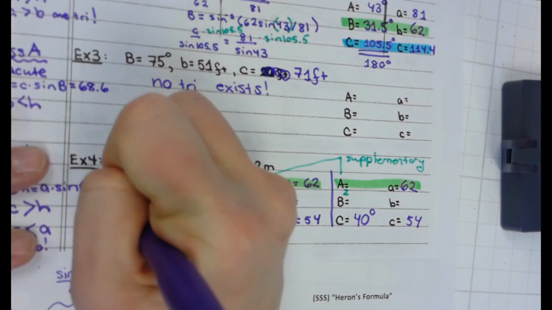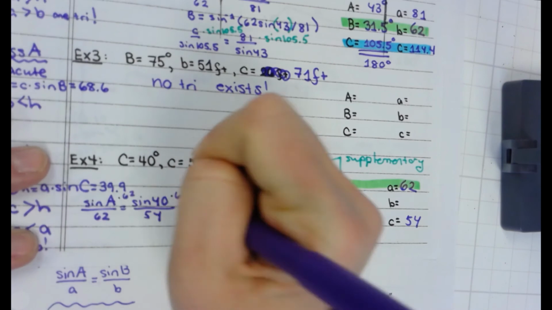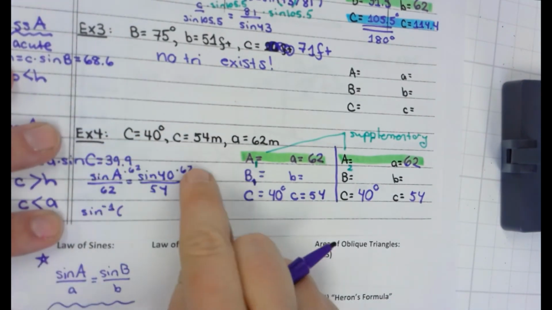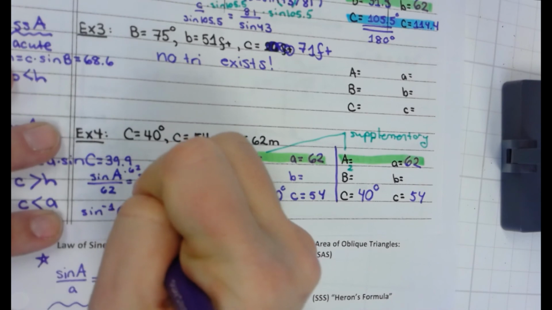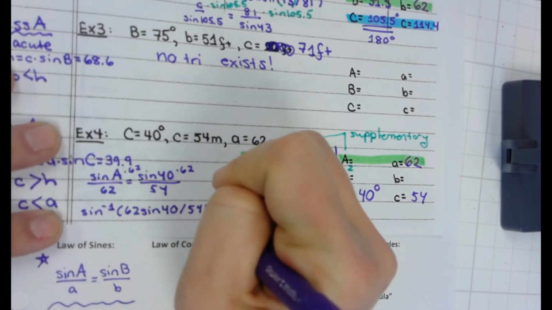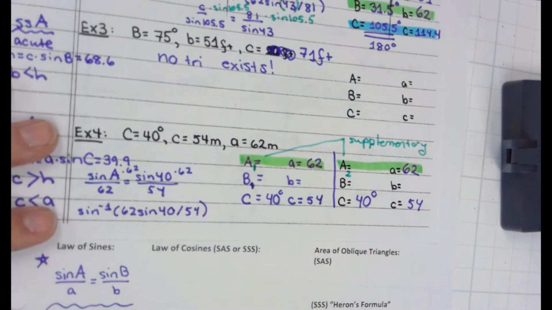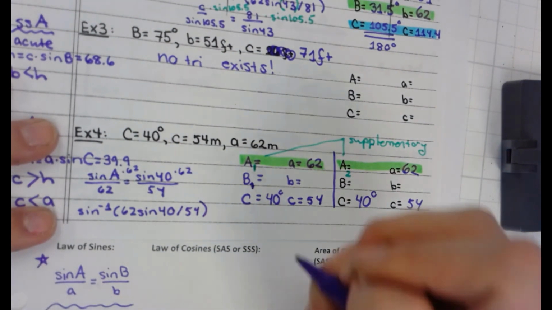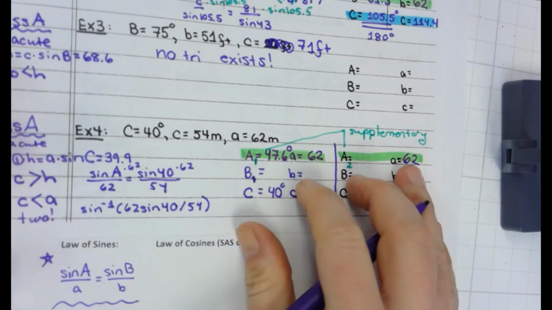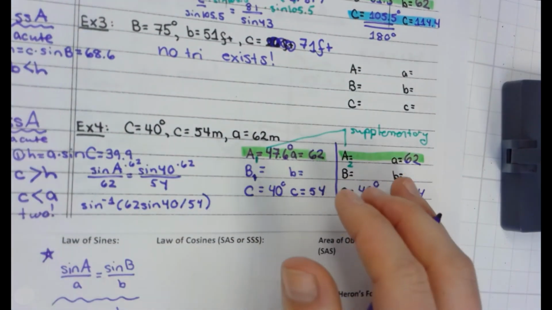Okay, you're going to multiply up the 62. I'm going to write that down because it's still pretty new. Sine inverse of 62 times the sine of 40. Watch your parentheses closing out. And divide by 54. 47.6. Good. Okay, check your calculator. Don't just take my word for it.